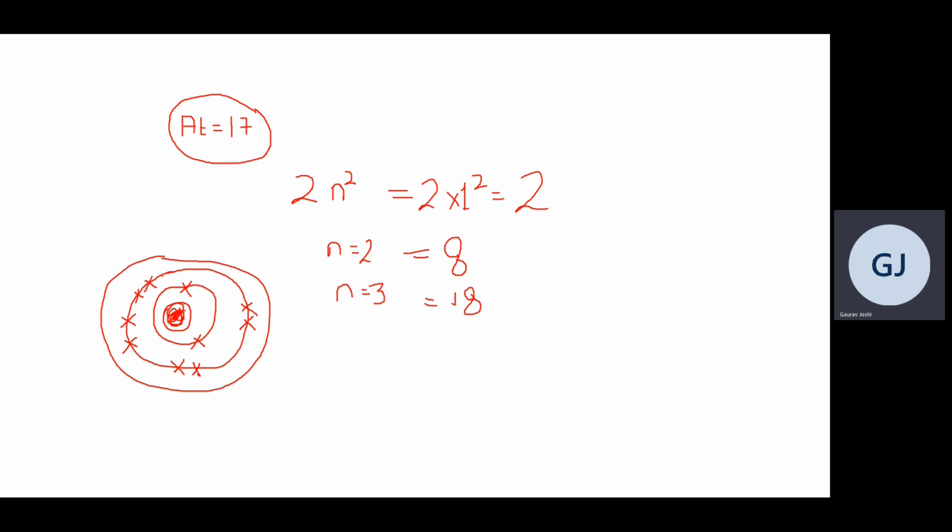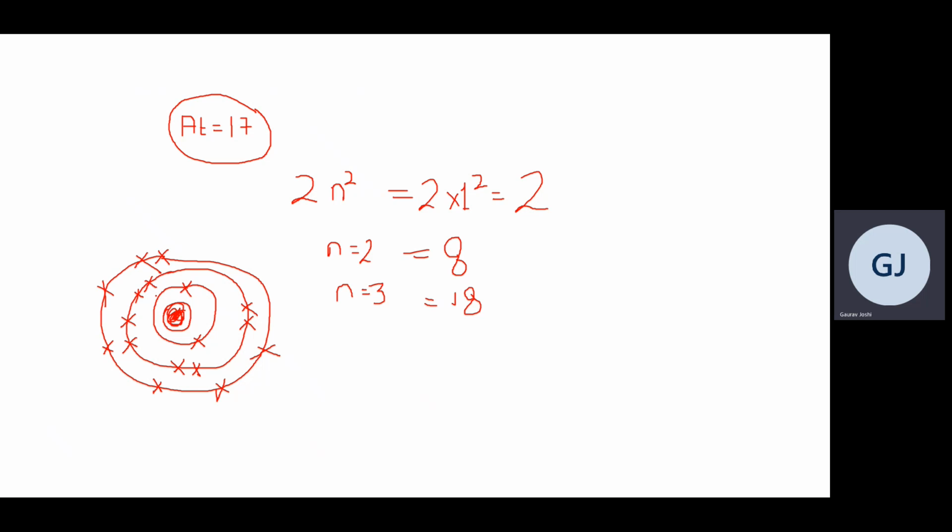We have filled a total of 8 electrons. Now how many electrons are left? We are left with 7 electrons, and these 7 electrons will occupy the outermost layer. So this is how the electrons are filled.